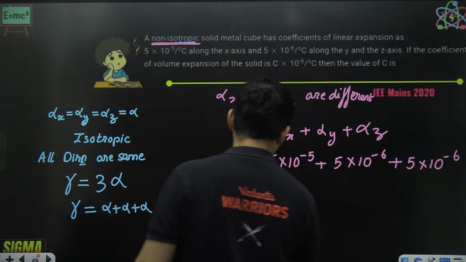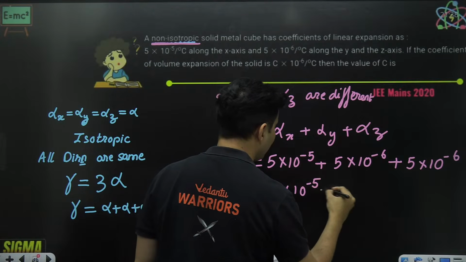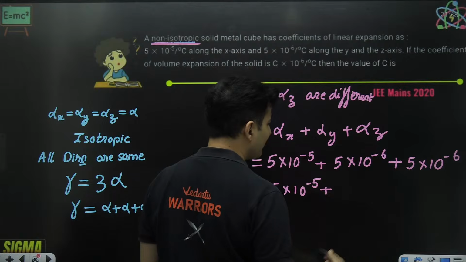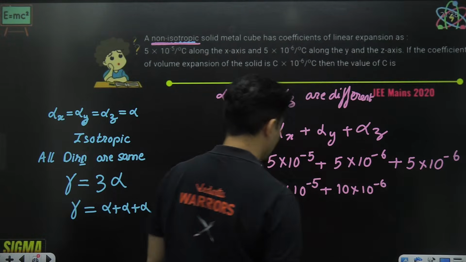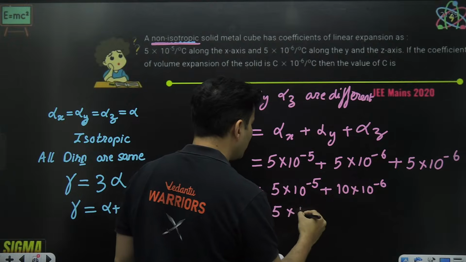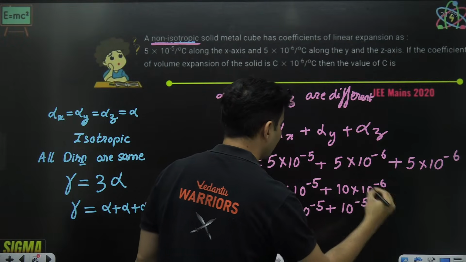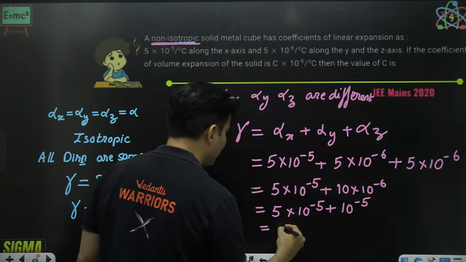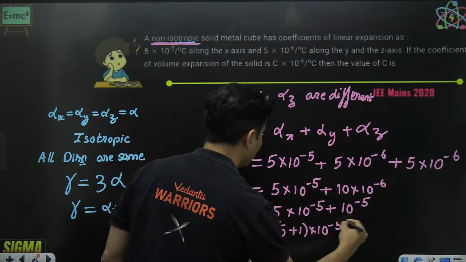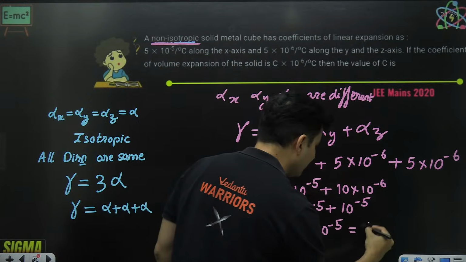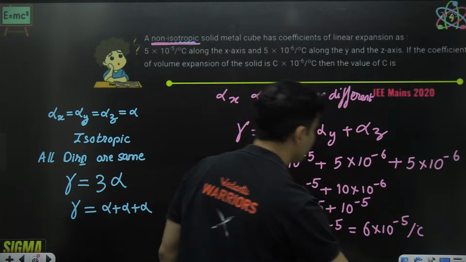Okay, let's do one thing. 5 plus 5 is 10, so this will become 10 into 10 to the power minus 6, which is nothing but 10 to the power minus 5. 10 to the power minus 5 is common. So 5 plus 1 into 10 to the power minus 5. 5 plus 1 is 6. So 6 into 10 to the power minus 5 per degree centigrade.